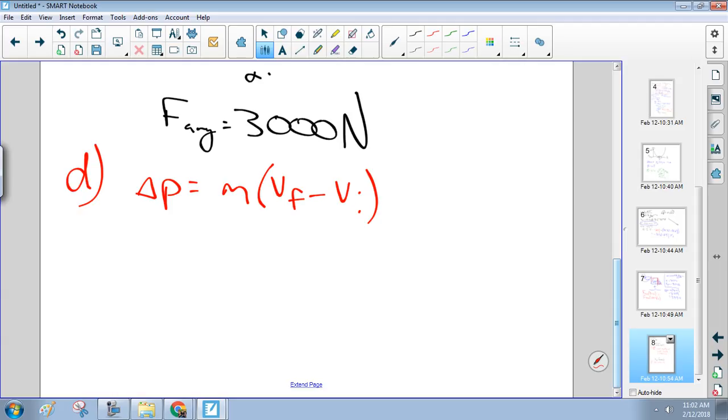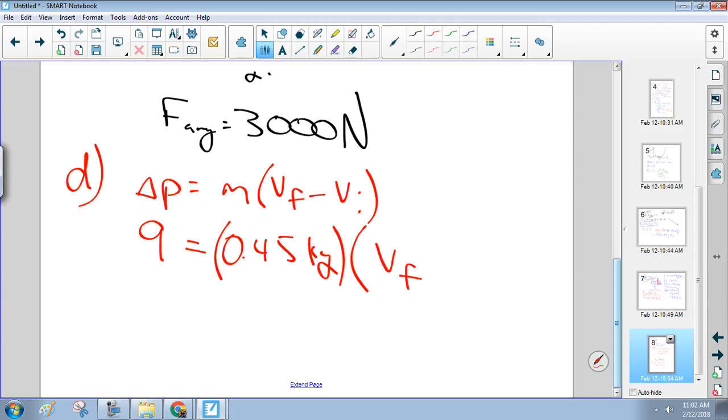We know our change in momentum because that was question A. We know the mass of the soccer ball because the problem told us. We're trying to find v final, and v initial was 0. So just divide, and you get whatever that is. Cool, you guys? All righty.